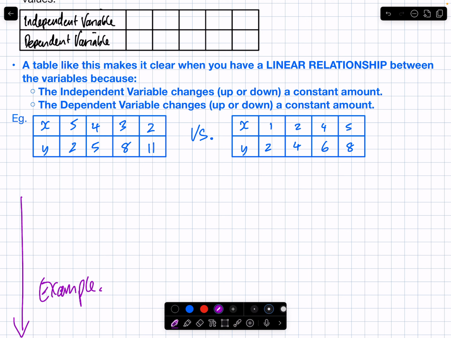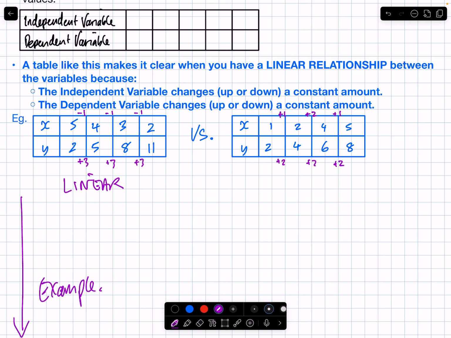5, 4, 3, 2, 1 is reducing by 1 each time. 2, 5, 8, 11, it's increasing by 3 each time. Therefore, we could say that this is a linear relationship in that table versus this table here. Yep, that went up by 1, but now it went up by 2 and then it went up by 1 again versus plus 2, plus 2, plus 2.